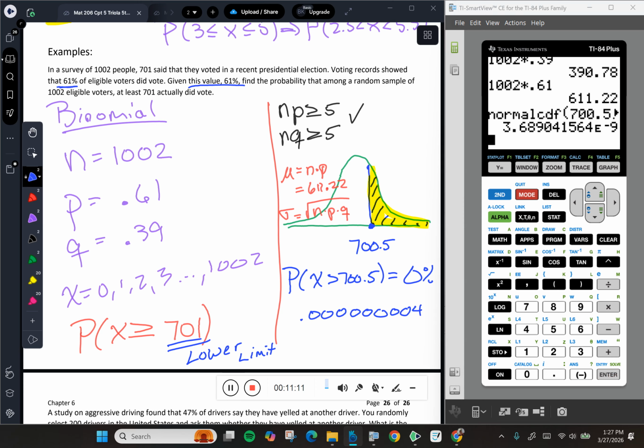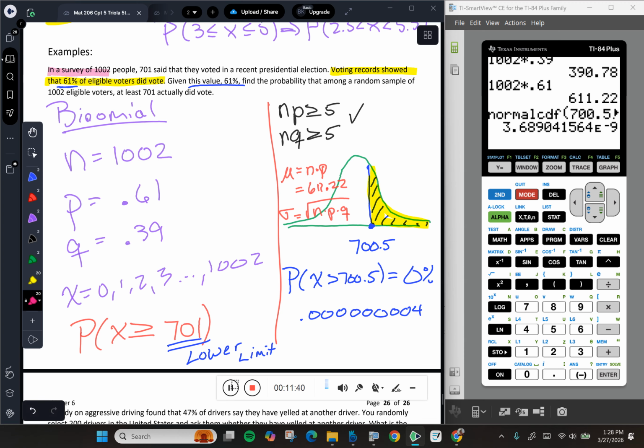So this math right here is how we're going to use binomials as a way to test population parameters of a population proportion against a sample statistic of a p-hat. So someone is going to make a claim. In this case, the claim here is that 61% of people voted. We're going to go gather some data.